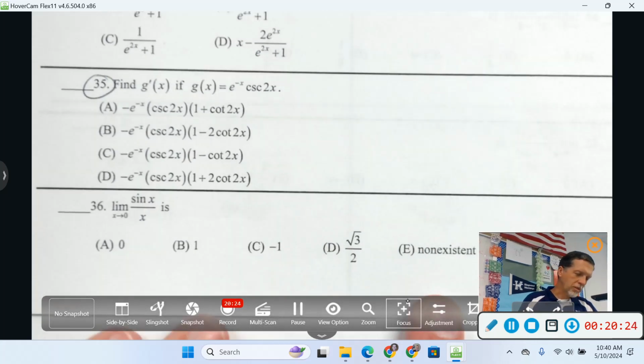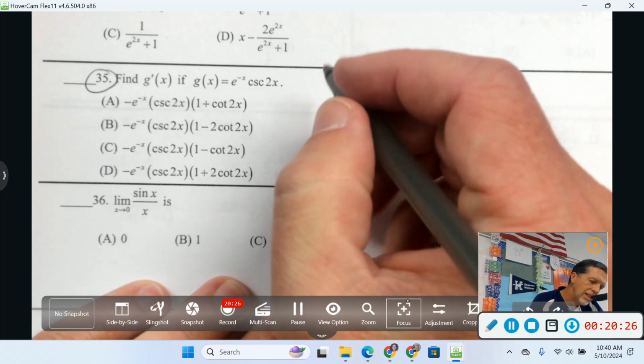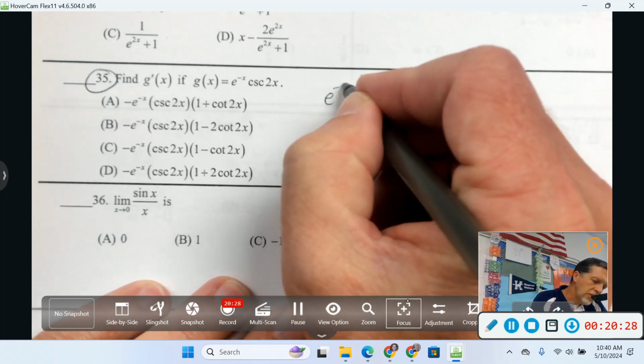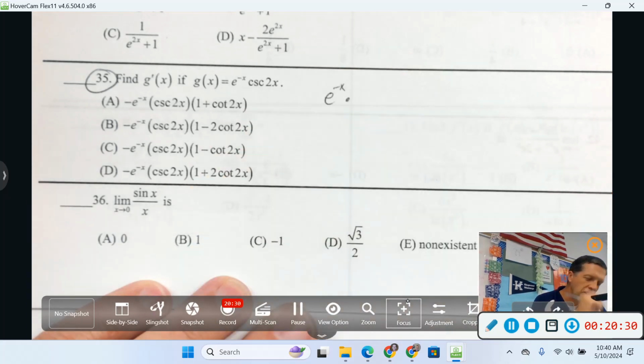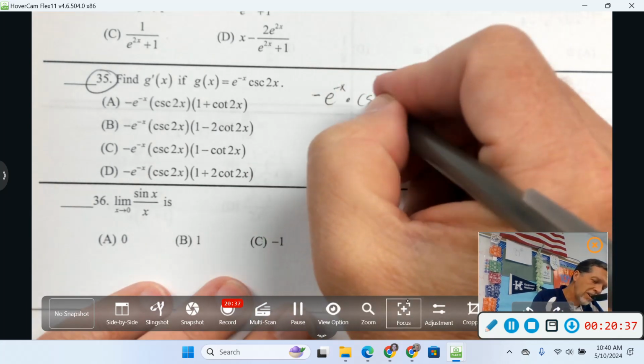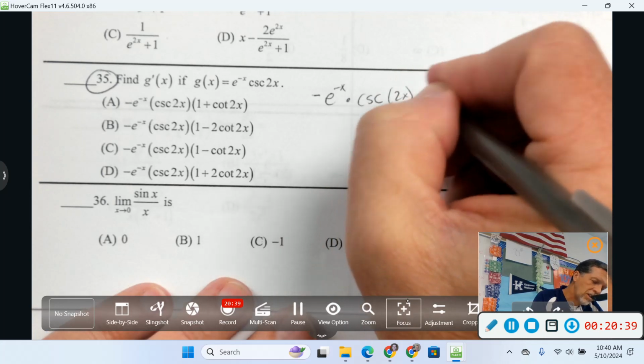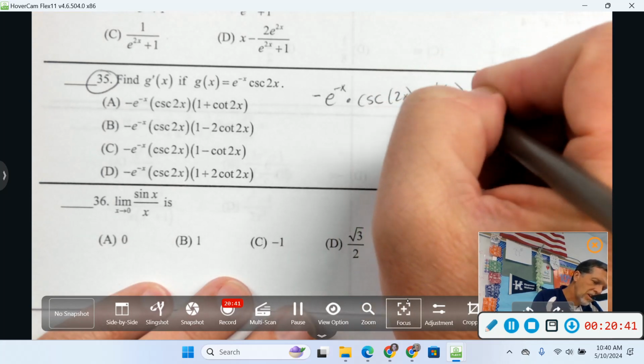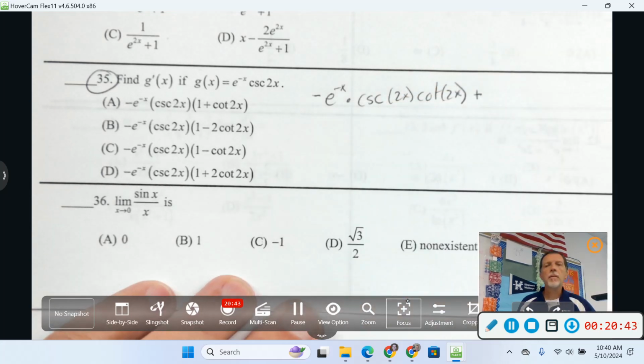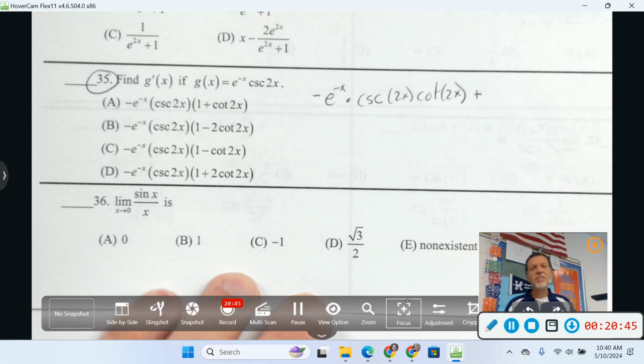Goodness, more product rule for 35. First, times derivative of cosecant. Secant goes to secant tangent, so cosecant goes to negative cosecant cotangent. Almost forgot the chain rule.